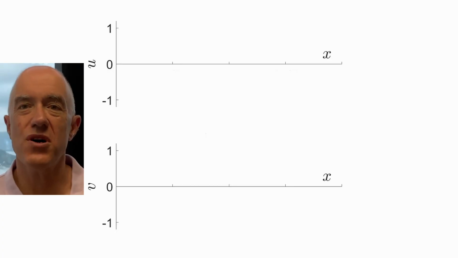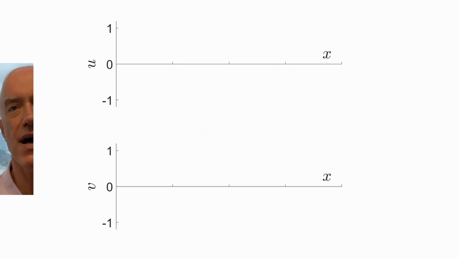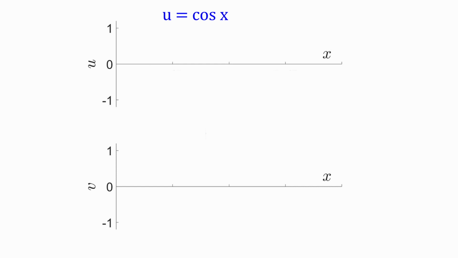Now let's plot the solutions for cosine and sine. We can draw two plots, the top plot for u equals cosine x and the bottom plot for v equals sine x. Cosine x starts at 1 and sine x starts at 0, and the derivative of cosine x is negative sine x, and the derivative of sine x is cosine x.